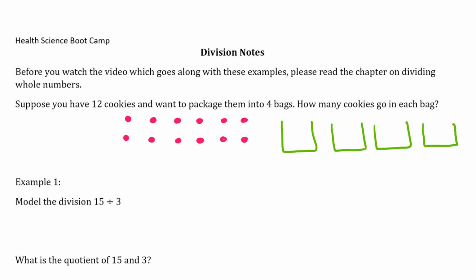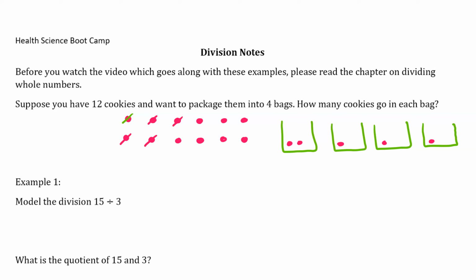I'm going to move from bag to bag, and when I run out of cookies, then I'll see how many cookies are in each bag. So I'm going to put this cookie in a bag, this one in a bag, this one in a bag, this one in a bag. Now I've run out of bags, so I have to start again.